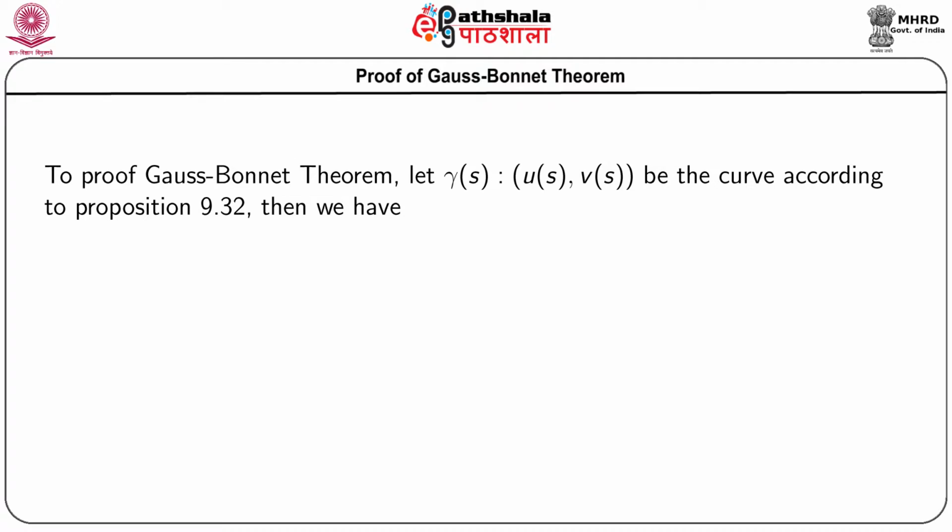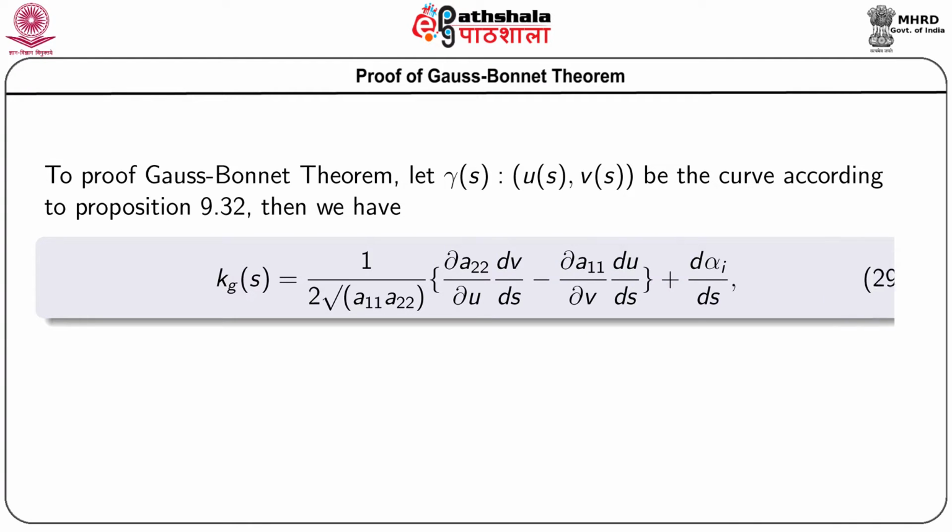Now, to prove the Gauss-Bonnet theorem, let gamma(s), that is u(s) and v(s), be the curve according to proposition 9.32, and then we have the geodesic curvature of the arcs of this gamma equal to 1 by 2 root A11 A22, and within the second bracket, del A22 by del u dv/ds minus del A11 by del v du/ds, plus d alpha_i/ds.